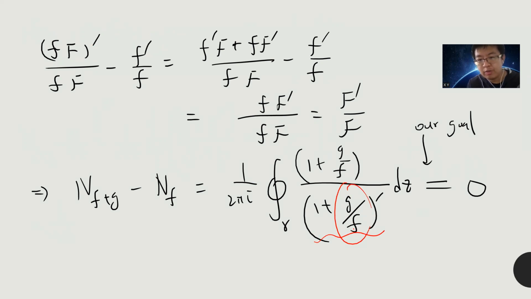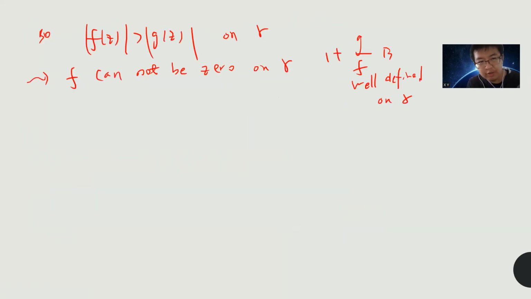Also, 1 plus g divided by f cannot be 0, so the derivative in the numerator over the denominator is well defined, because the denominator cannot be 0 since f cannot be 0.